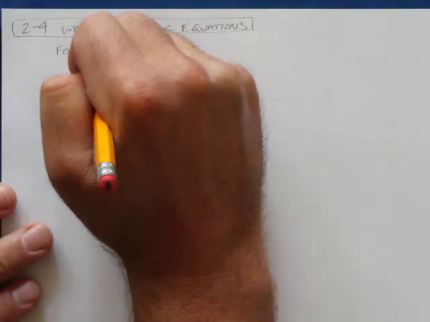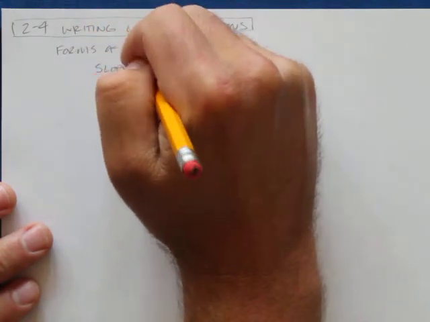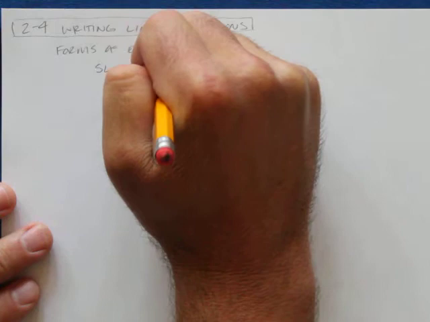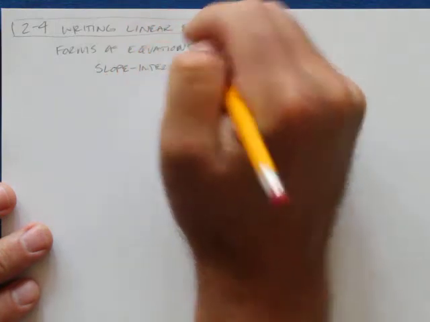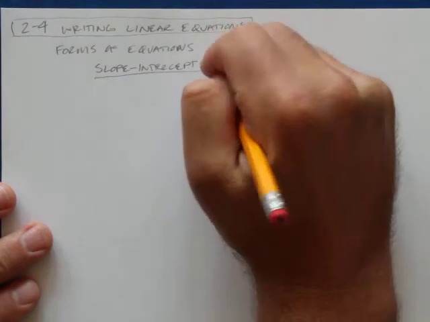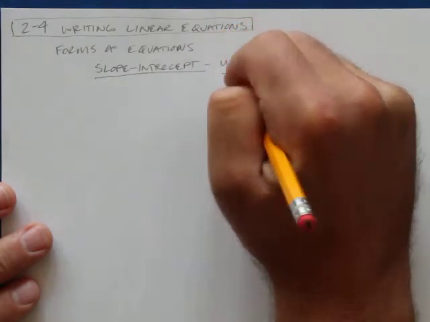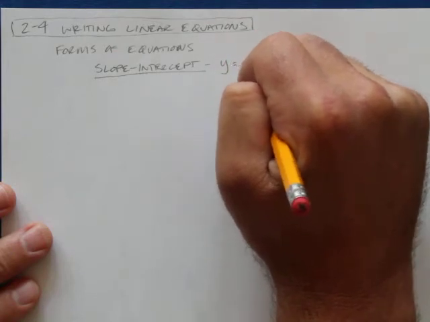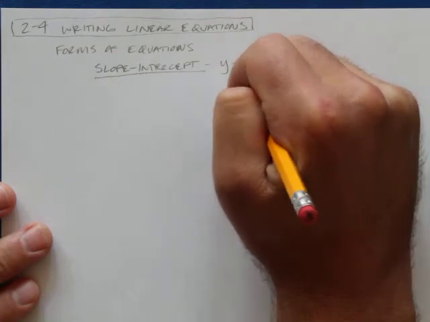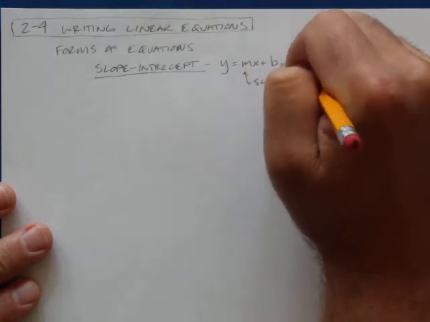This time we are only looking at slope-intercept. Slope-intercept is y equals mx plus b, where m is the slope and b is the y-intercept.